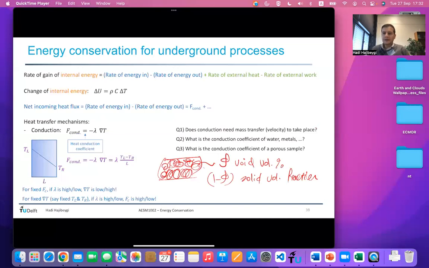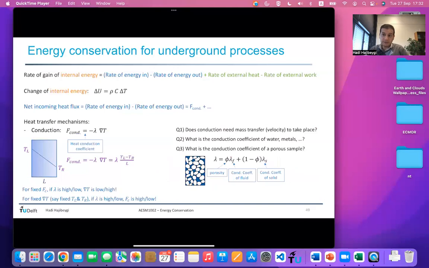What would be the conduction coefficient of a porous sample when it has 5% fluid, and 100 minus 5, so 95%, solid? That's the definition of effective conduction coefficient.